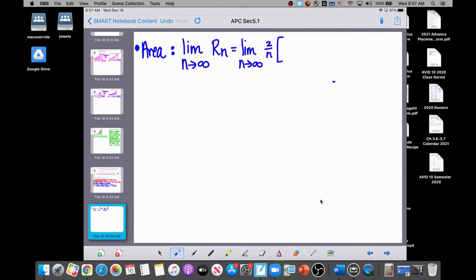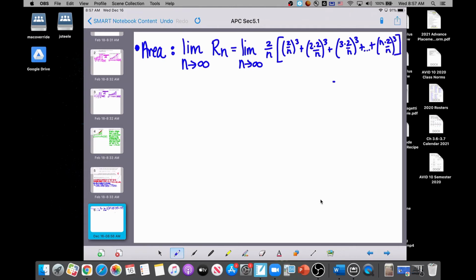And then what's going to be left in each term is just the height of the rectangle. So the first rectangle is (2 over n) cubed, and the second rectangle is 2 times (2 over n) cubed, and the third rectangle is 3 times (2 over n) cubed, so on and so forth. And the nth rectangle is n times (2 over n) cubed.